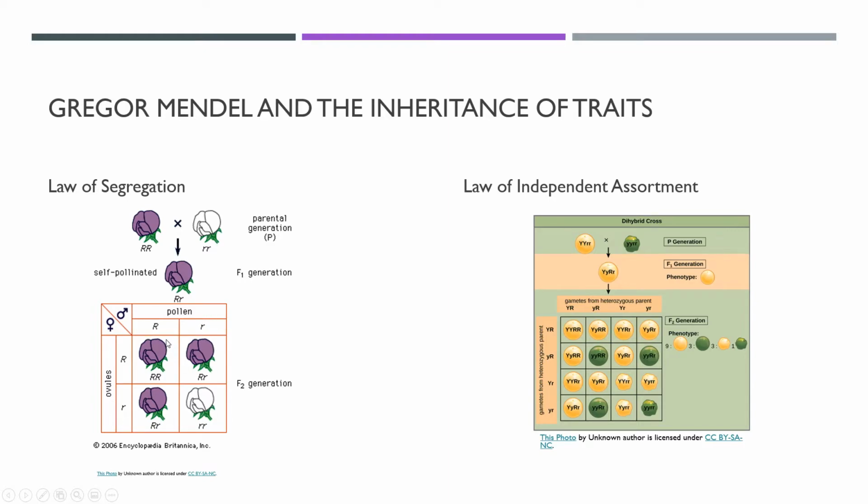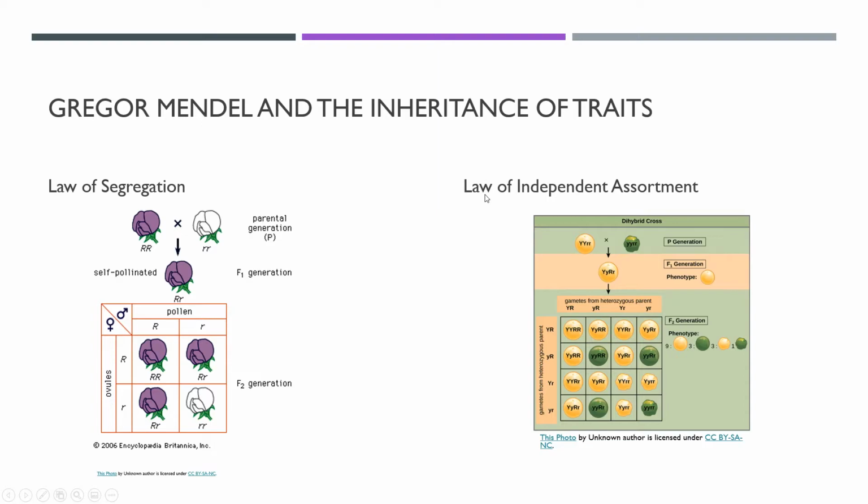It cannot pass on both. One comes from this parent, the other comes from this parent. Same for all these. And Punnett squares show probability. They show all the different possibilities that can come from these two parents.